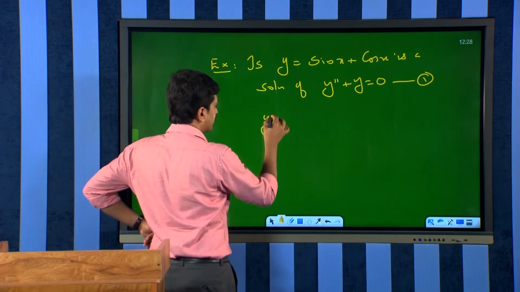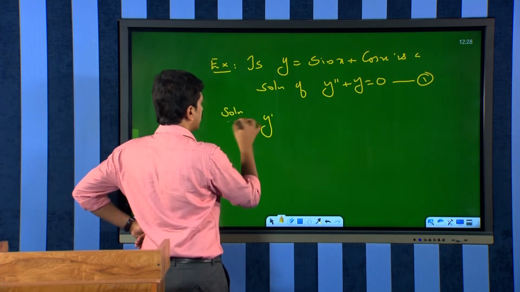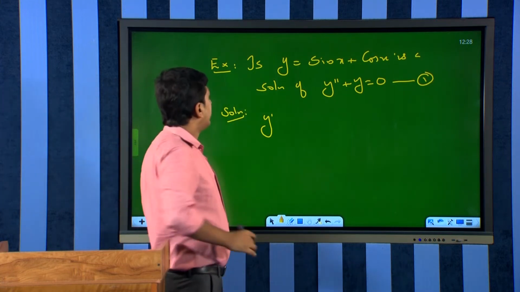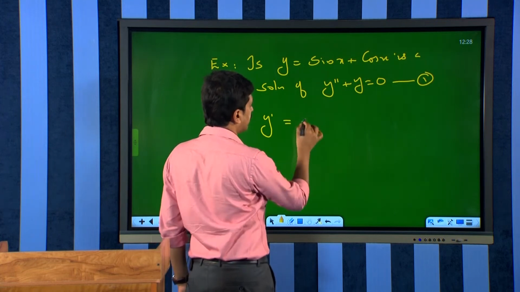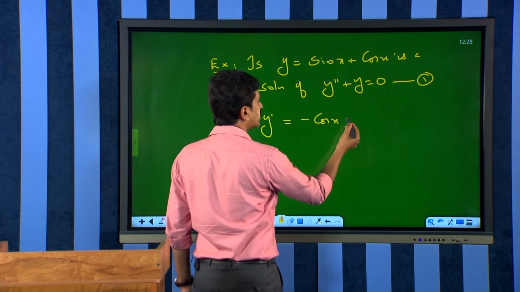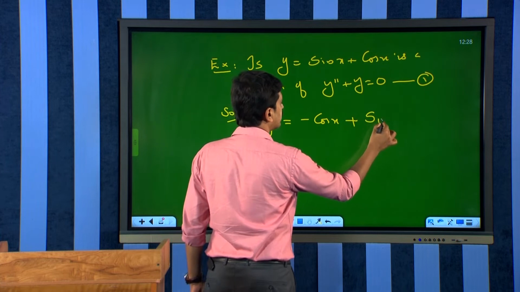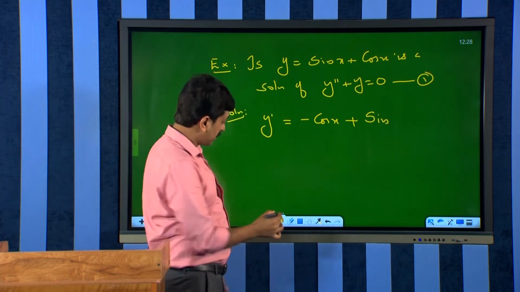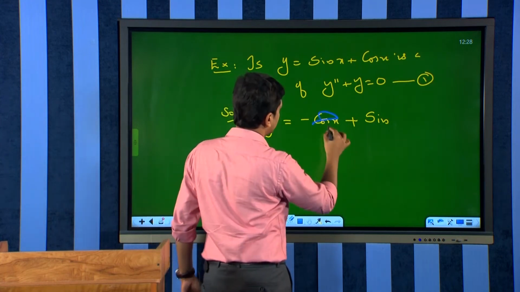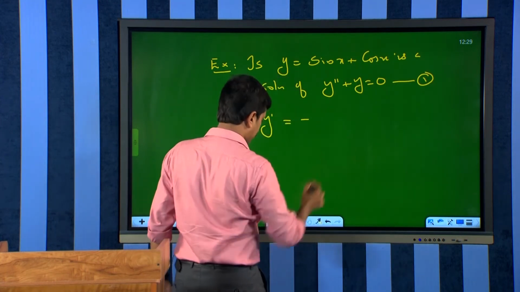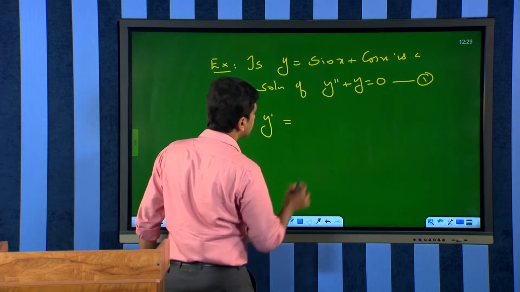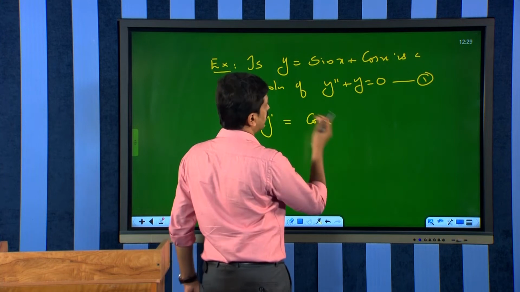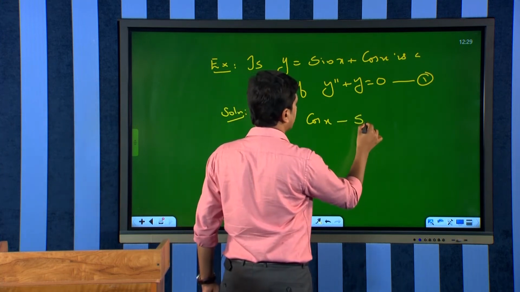To check whether that is a solution or not, we will find y dash. y dash is equal to derivative of sin x is cos x, derivative of cos x is minus sin x.